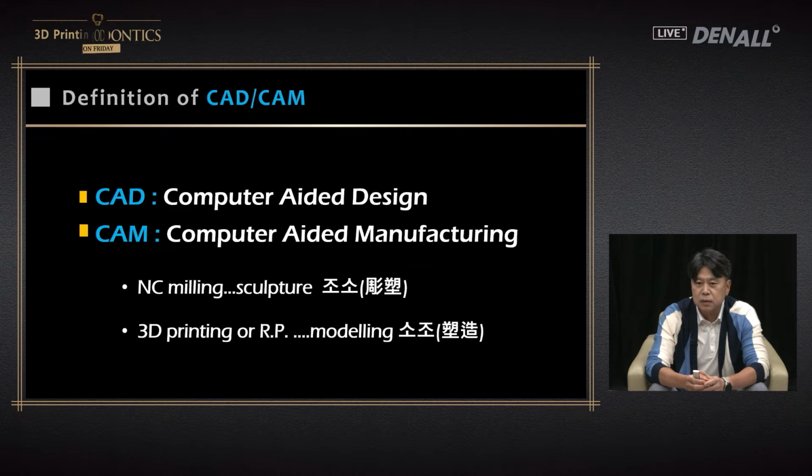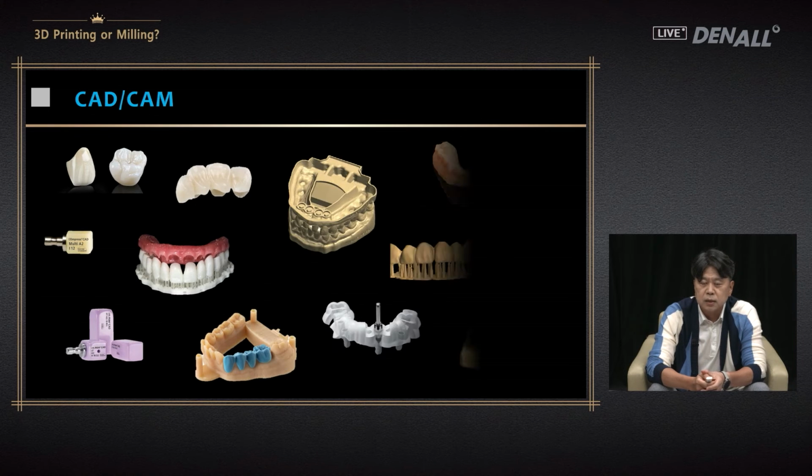And another thing is 3D printing or RP. These days, 3D printing is the more commonly used word. It is to do the modeling, creating something through build-up out of nothing. Like pottery, you create a pot through pottery.